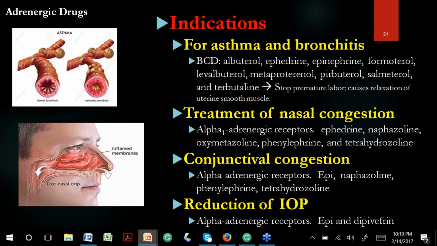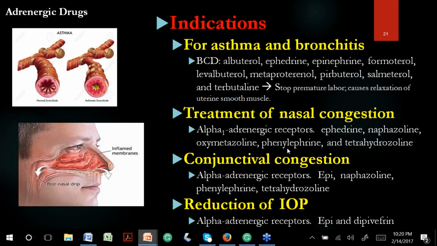And that is because of allergies: mast cells again release histamine, causing vasodilation, and that produces the red eye. So we are going to use vasoconstrictors, those are the alpha-1 agonists. Reduction of the intraocular pressure is mostly used in open-angle glaucoma.